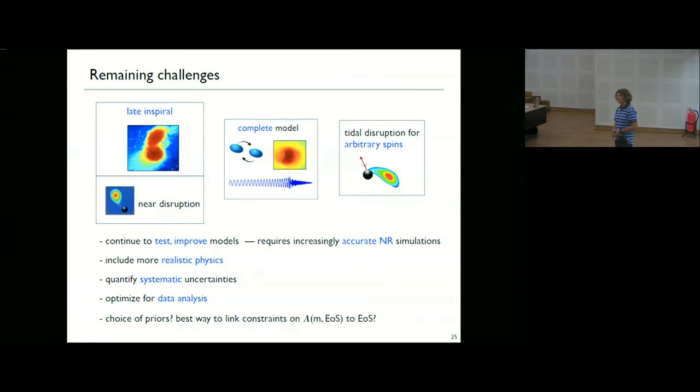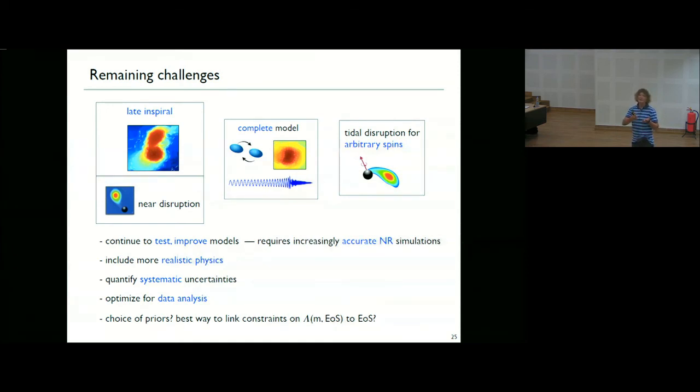But that's of course very complicated because during the inspiral the system is still quite clean, but once you go to the merger and post-merger, all kinds of microphysics, magnetic fields, possible shocks and instabilities start to become important. And that's also not well modeled with numerical relativity at the moment because there's just too much microphysics to take into account.